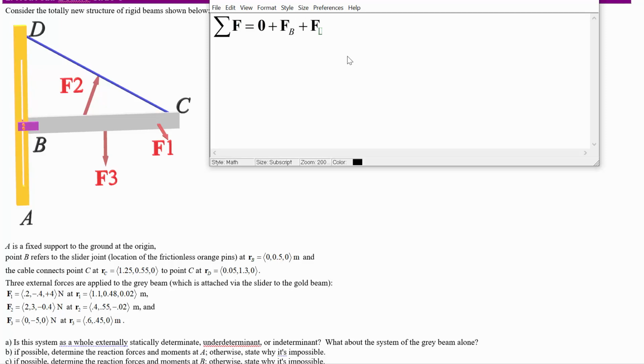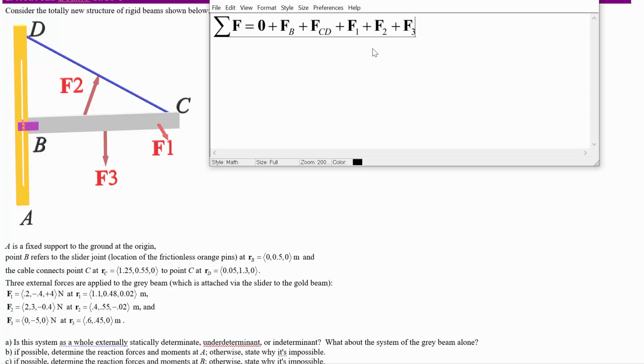We've got the reaction force from the cable, which we can call CD, from point C to D, that cable. The force 1, force 2, force 3. What I'm hitting here, in case you're wondering about math type, is Control B, Shift F to get those things. Anyway, Control L for the subscript, force 3.